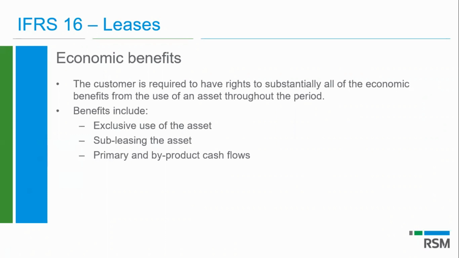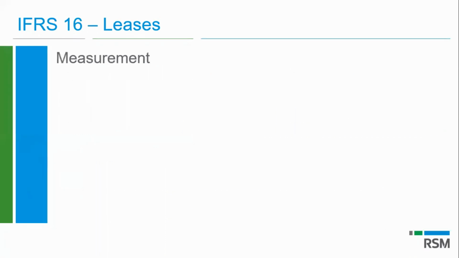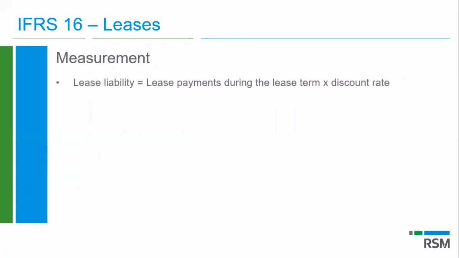Now I'm just going to go through how we measure the right-of-use asset and the lease liability. Firstly, the standard says the starting point for the calculation and for the recognition of a lease is the lease liability. So the lease liability is the starting point, the first credit, and later on the debit to that is, amongst other things, the right-of-use asset.